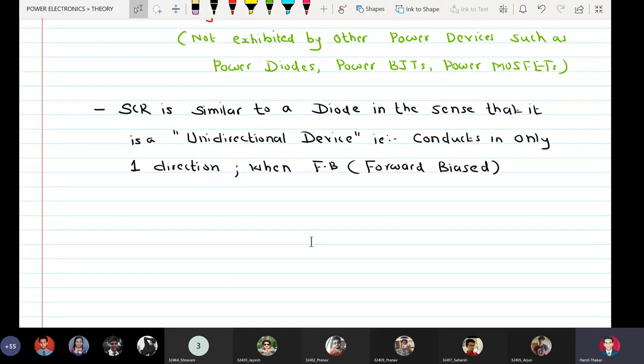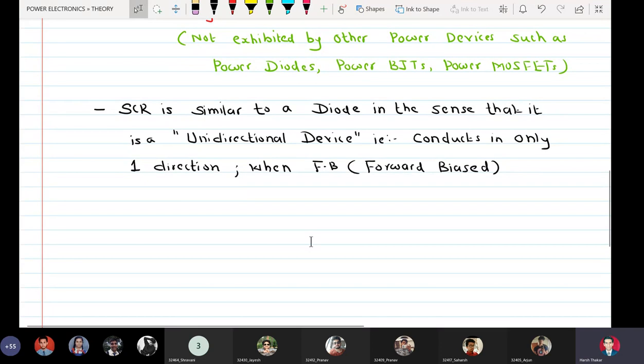And we had made a point that diode is called as an uncontrolled rectifier because once the diode is forward biased, that is its anode is positive with respect to cathode with a potential difference greater than the cut-in voltage, then diode must conduct.